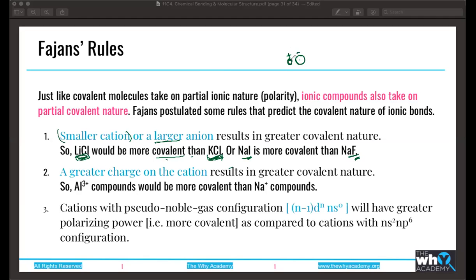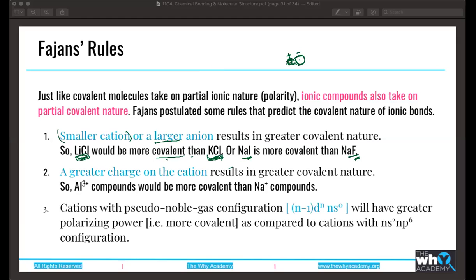The positive charge of the cation is because of the greater number of protons in the nucleus, right? So a smaller cation will have more of a tendency to attract the electron cloud from the anion, giving it a slight covalent nature.